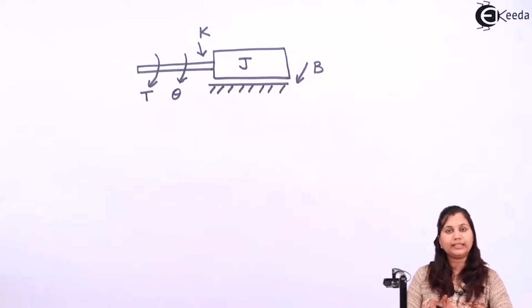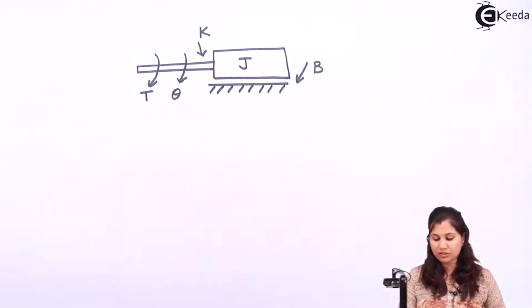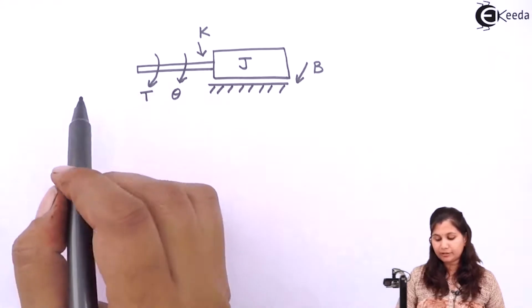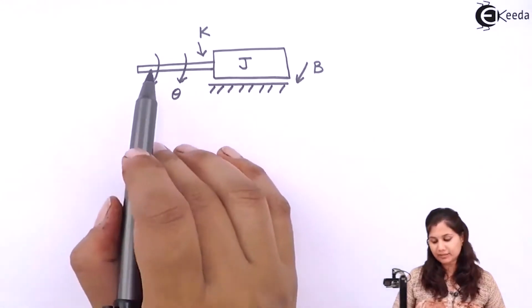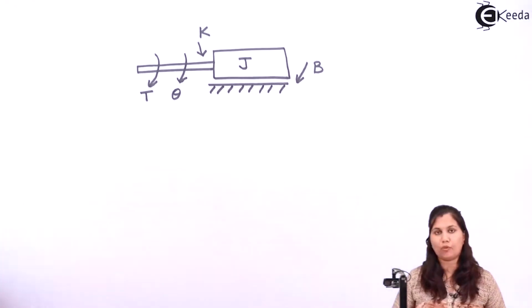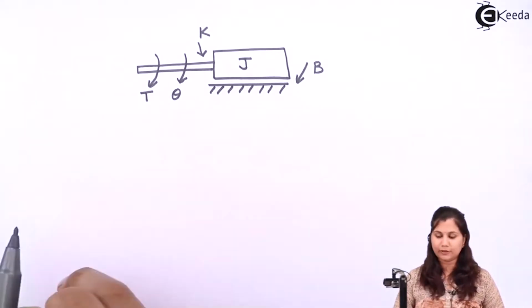According to D'Alembert's principle, which we have studied, the algebraic sum of the external force and the resisting forces is equal to 0.